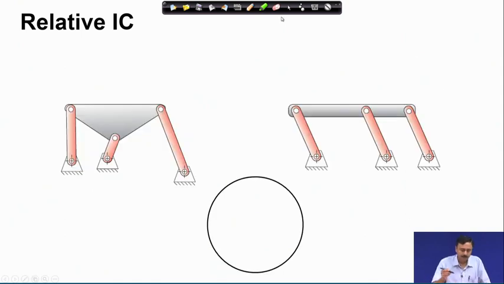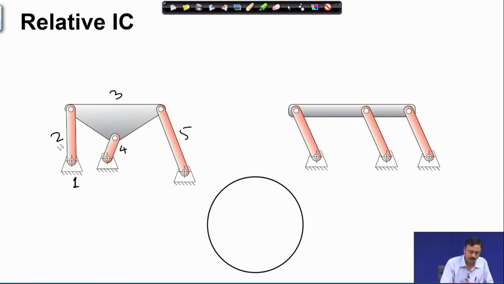Let us look at this case of again a five link mechanism.